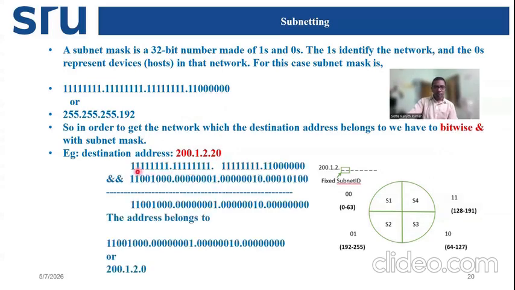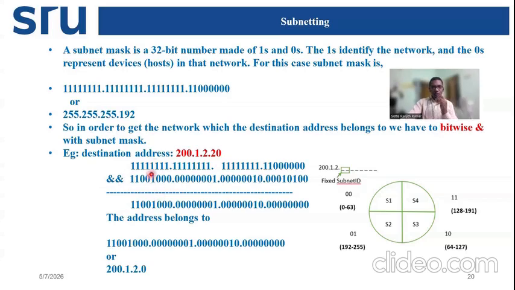Look at this: this is the subnet mask, written as it is here, and the destination address 200.1.2.20 is converted into binary and written here. Now perform the bitwise AND operation between these two. Bitwise AND means if two bits are 1, write 1, otherwise write 0. Simple AND operation.